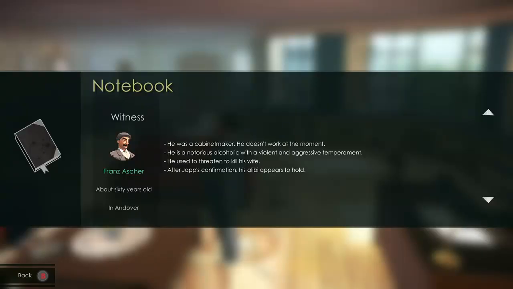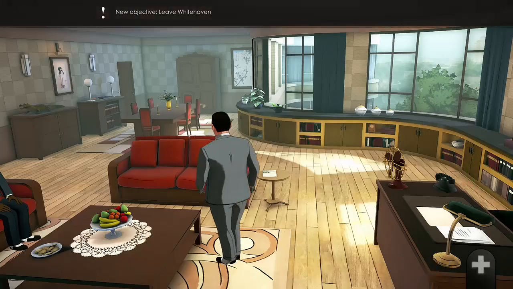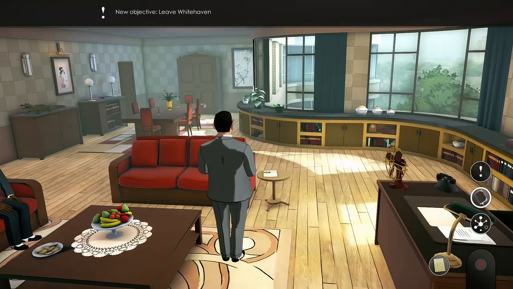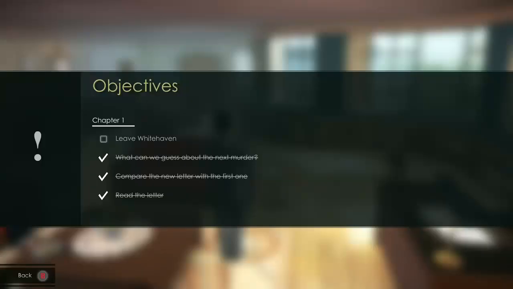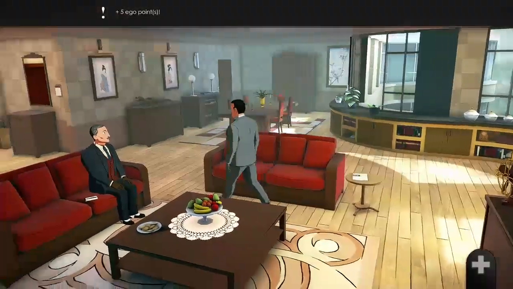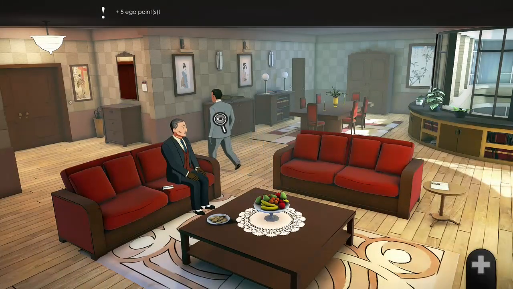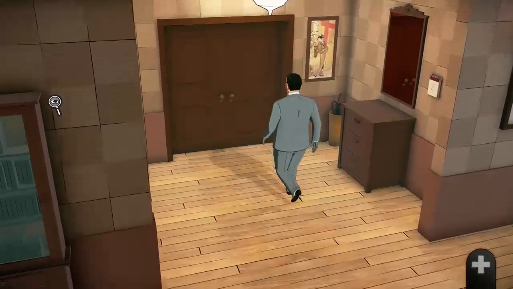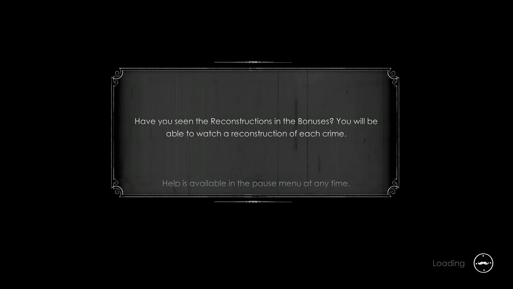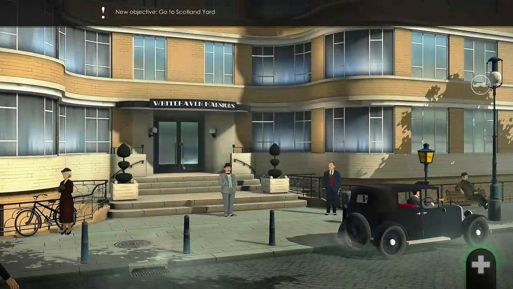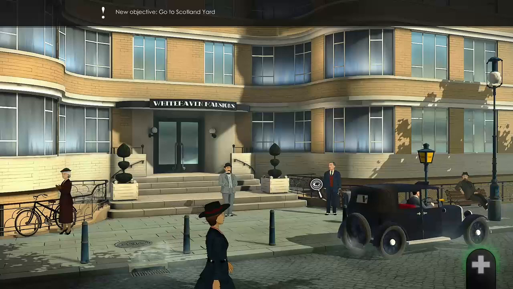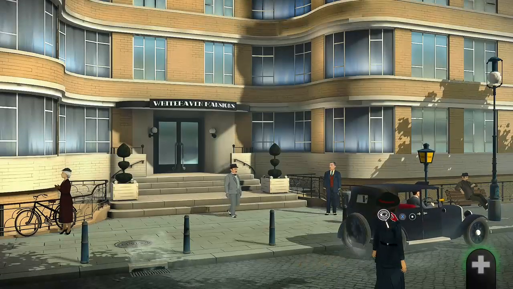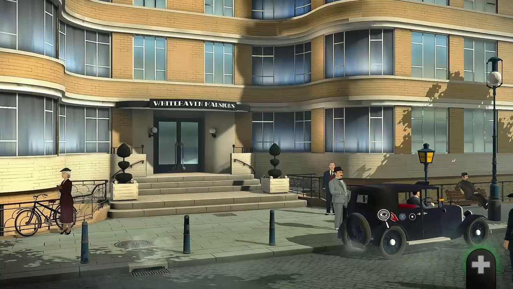Yes, yes we will. One clue available. Okay, let's have a look. Oh, wrong button. Leave Whitehaven. Whitehaven, yeah. Come, buddy. Let us be off. Let us go to Scotland Yard.